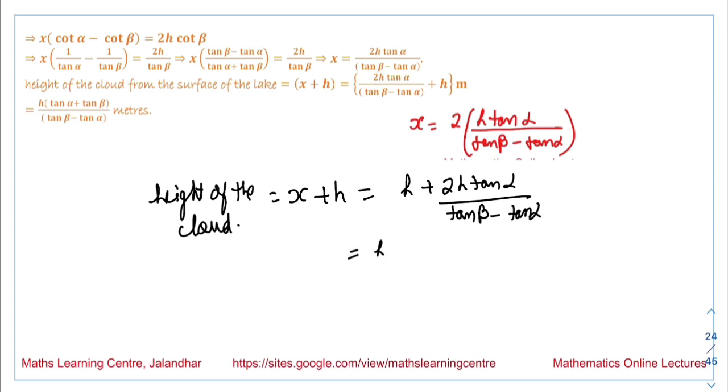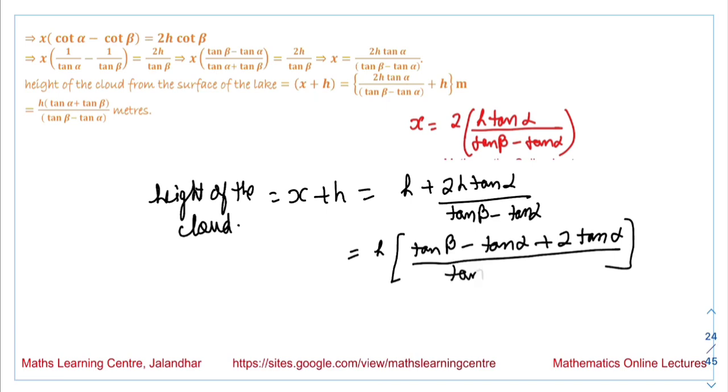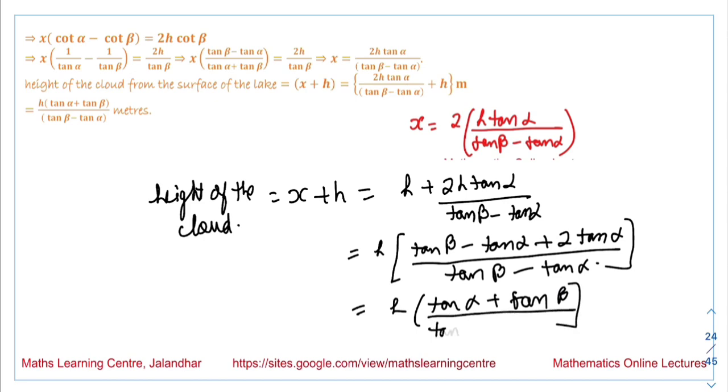We take h common and we take LCM. It is tan beta minus tan alpha plus 2 tan alpha over tan beta minus tan alpha, and this is equal to h into tan alpha plus tan beta over tan beta minus tan alpha, and this is what we have to prove.